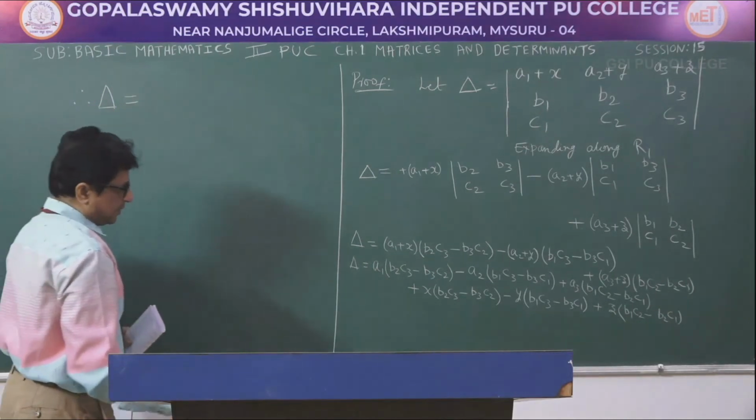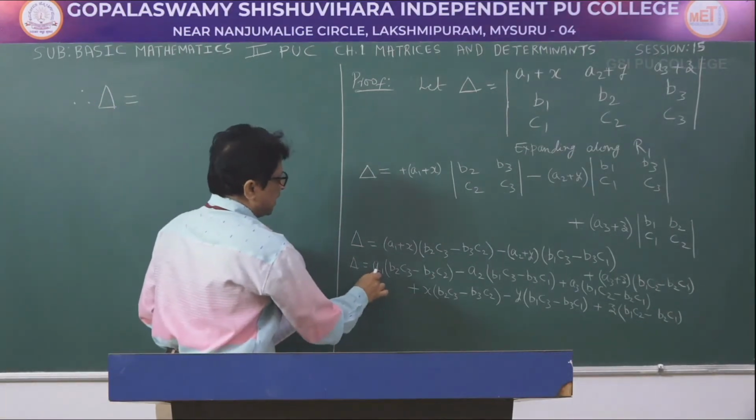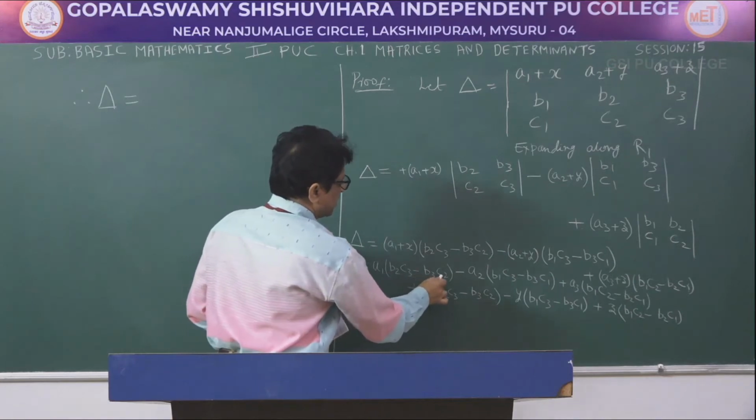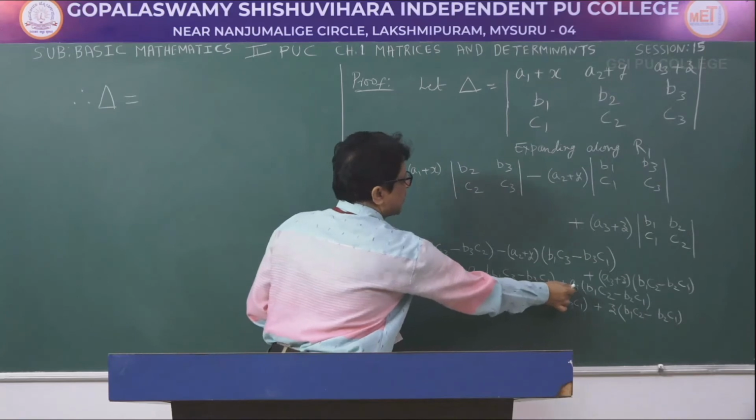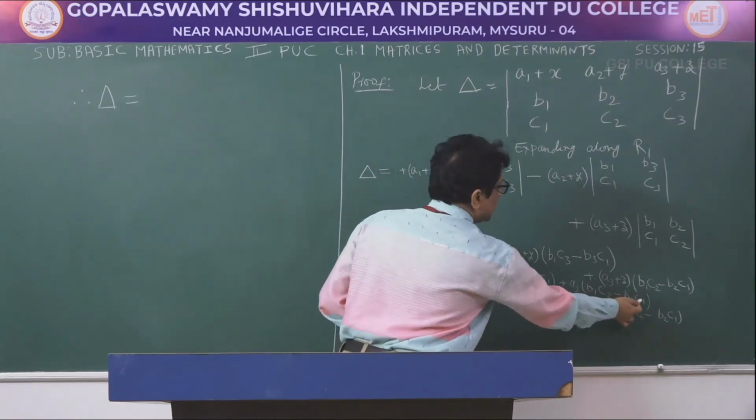Delta is equal to a1 into b2 c3 minus b3 c2, minus a2 into b1 c3 minus b3 c1, plus a3 into b1 c2 minus b2 c1.